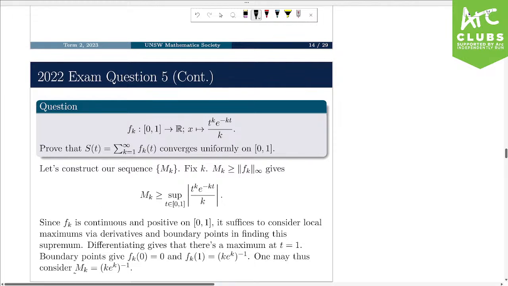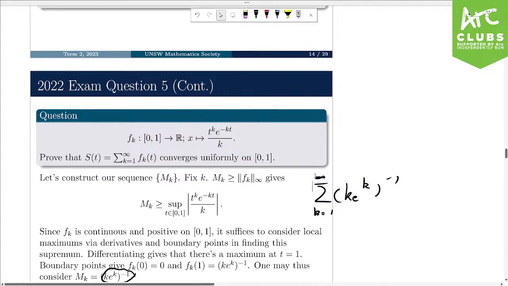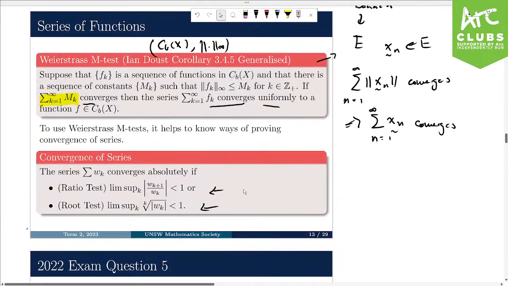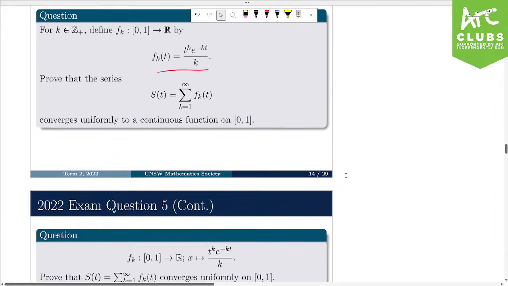So we take these as our upper bounds. Our next task is showing that this series converges. And here is where these tests come in useful.